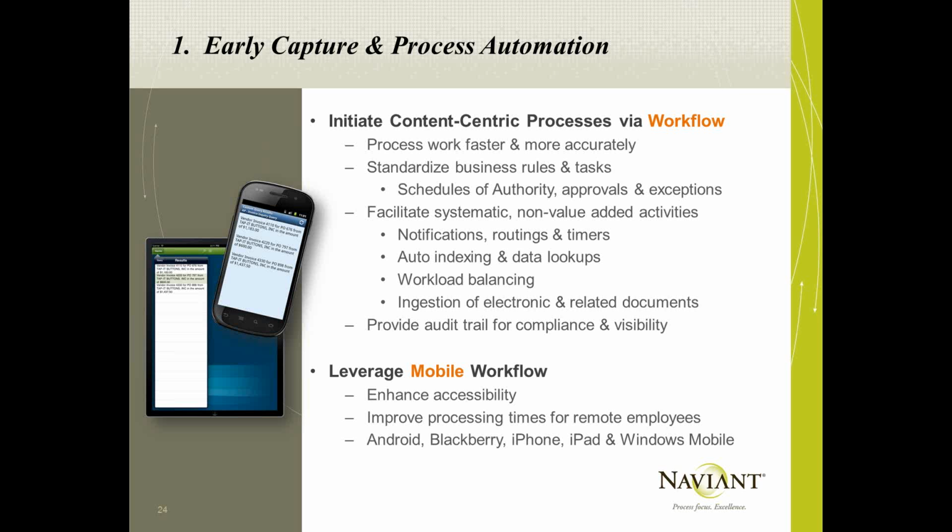We can do workload balancing, and it provides a full audit trail. The other thing we're seeing come into play more and more is mobile workflow, providing users the ability to view and interact with those approvals or exceptions via their iPad, their Android device, etc.